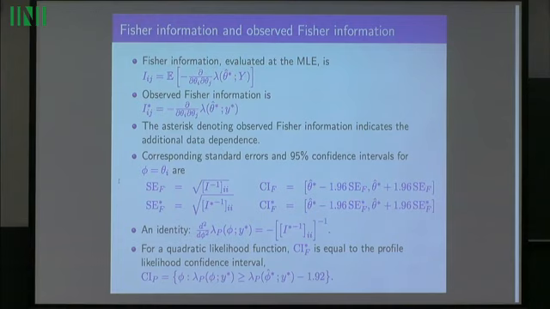And if we take the second derivative of the profile likelihood, that should match what we would get if we just took the marginal component of the observed Fisher information. And because everything should match up, if the likelihood function is quadratic, then the profile likelihood should match the standard Fisher information confidence intervals.